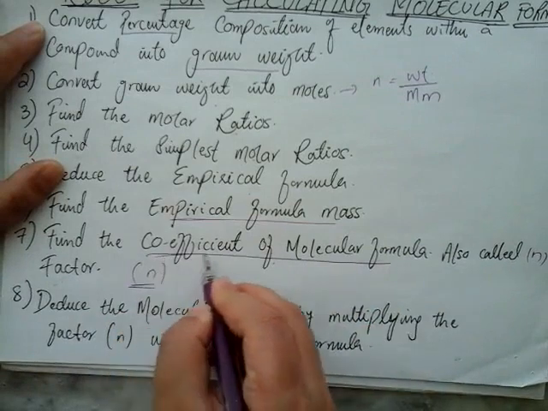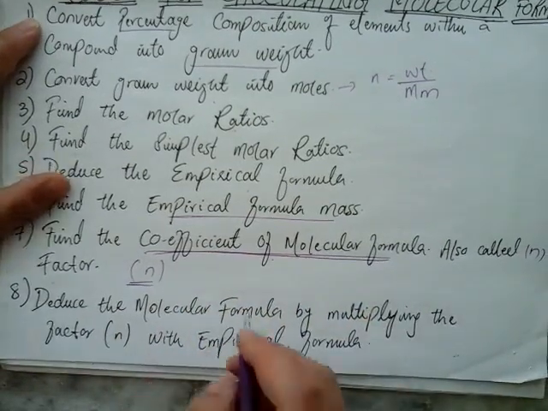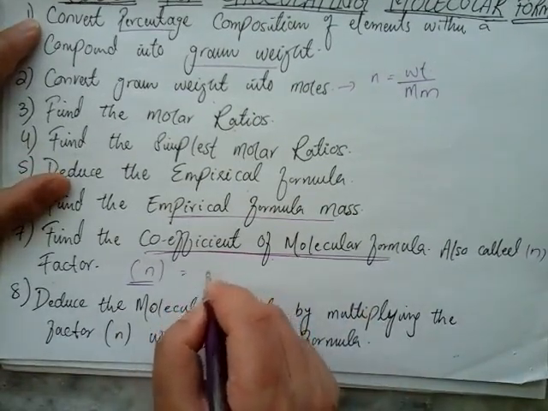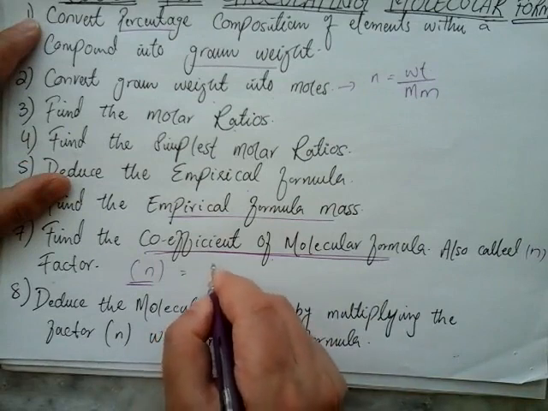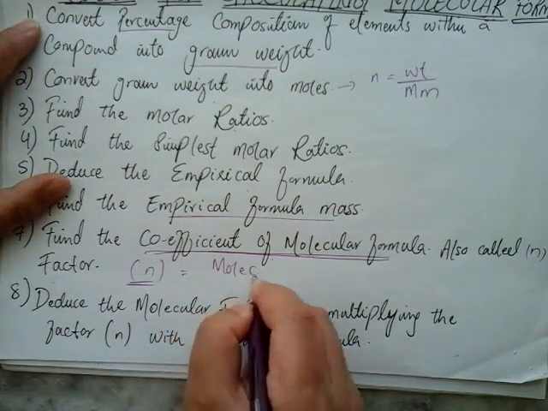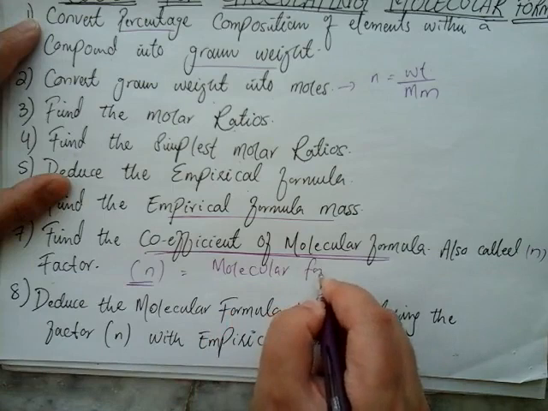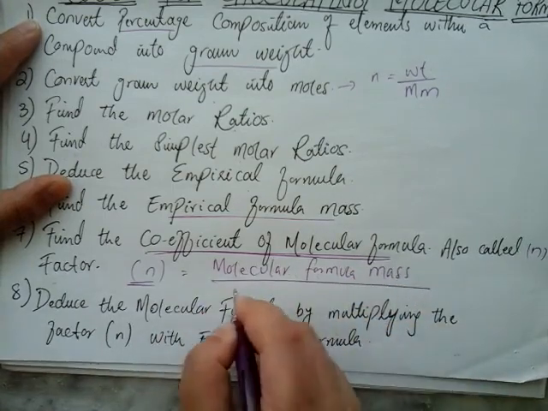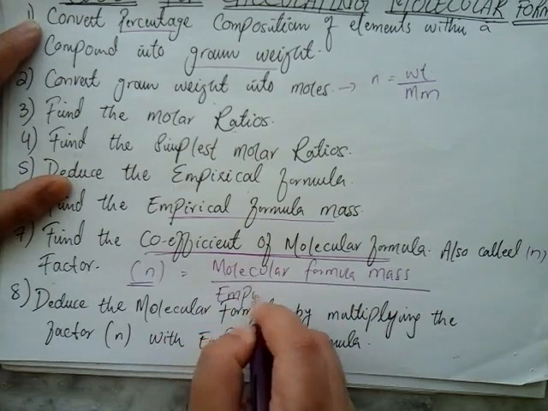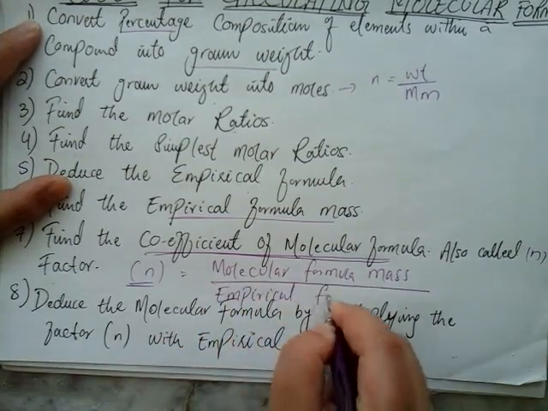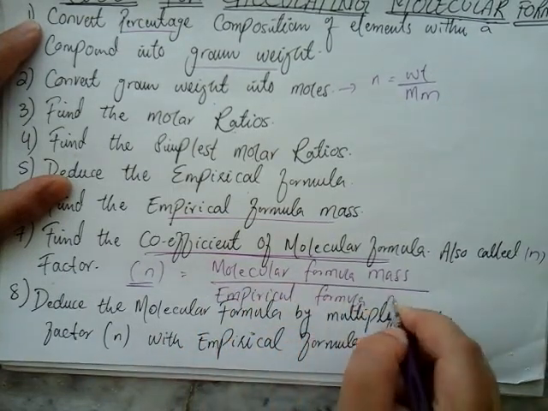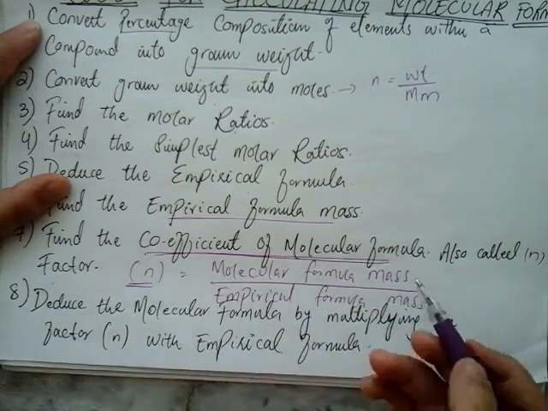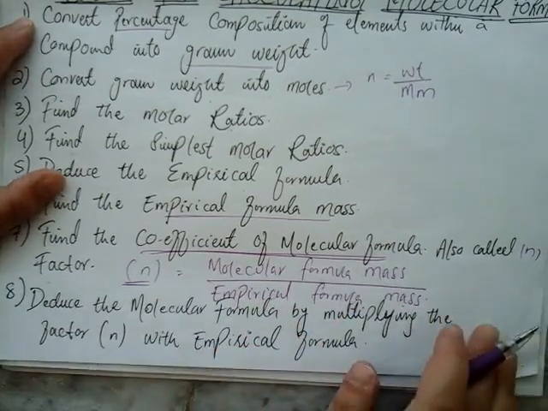The formula for this is molecular formula mass divided by empirical formula mass. This is the formula for calculating the factor for molecular formula.